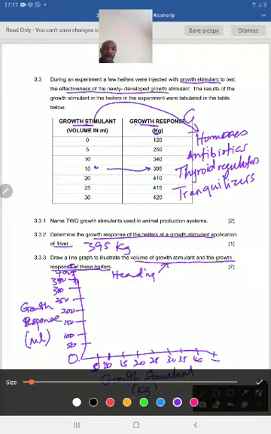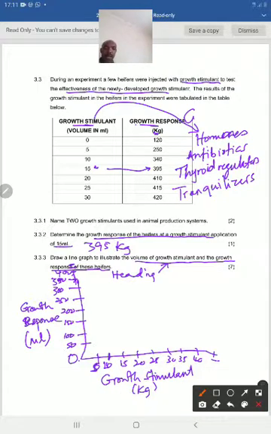So when they mark it will be 1 mark for the heading, 1 mark for the x-axis, another mark for the y-axis. We already have 3. How many? 3 marks. The units, you see the units, both units are there. So you have the 4th mark.